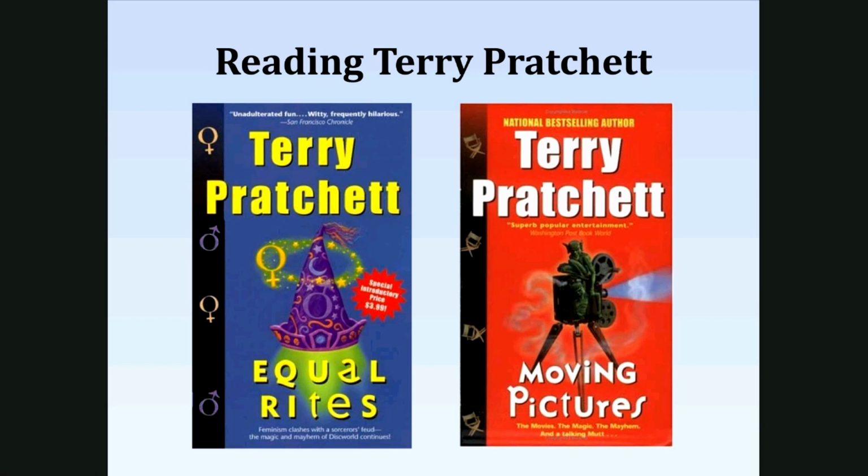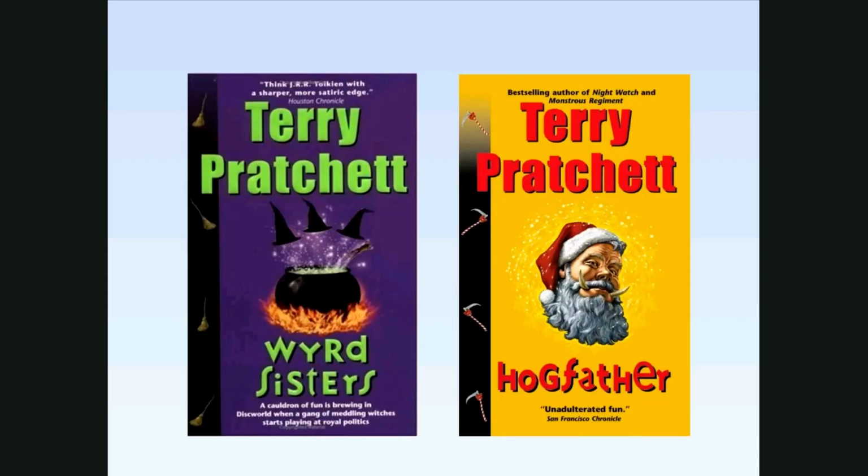But you can go for more complicated choices. This is what I've tried with The Weird Sisters and Hogfather. Why is this more difficult? So Weird Sisters might be very complicated for students to read because it's based so much on Shakespearean language. And of course, in our country, students study Shakespeare, but they tend to read Shakespeare in translation.